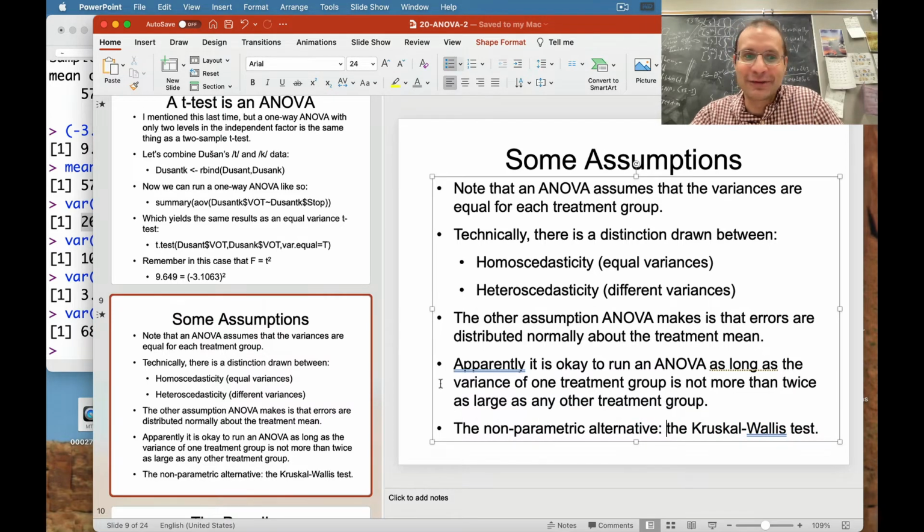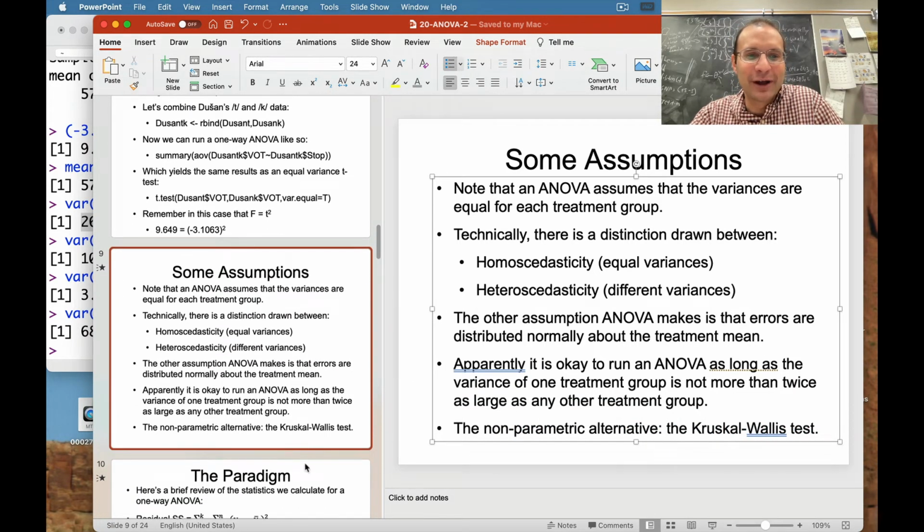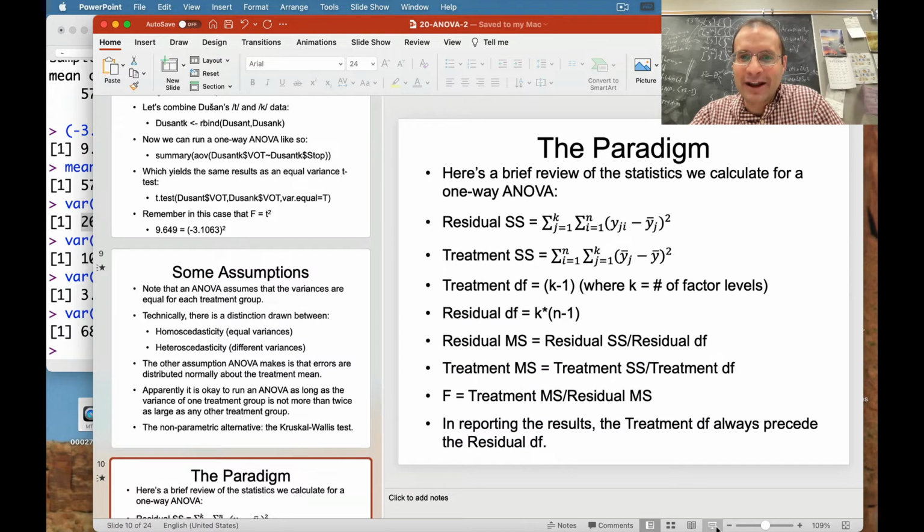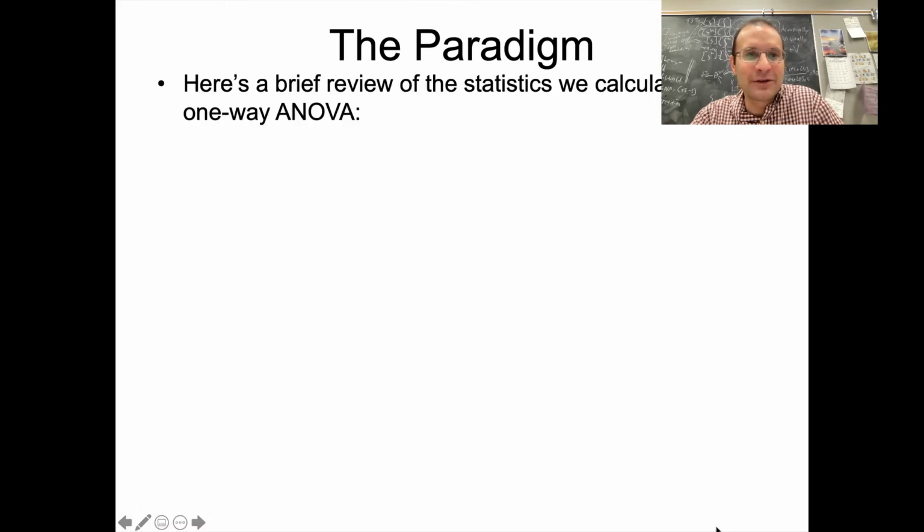I'm just not going to use it right now because what I want to do before I run out of time is review what this paradigm looks like. And I will show you how to do a Kruskal-Wallis test before we get done with the whole ANOVA unit. That's going to come in a couple of lectures.